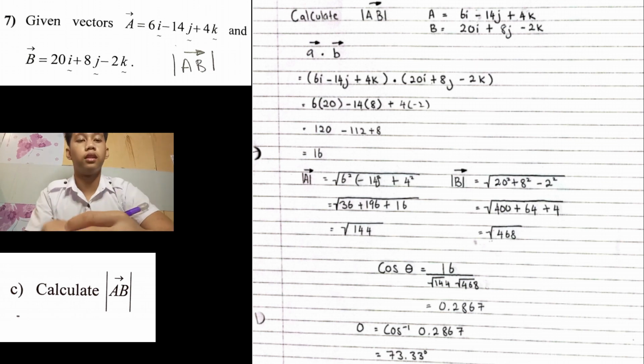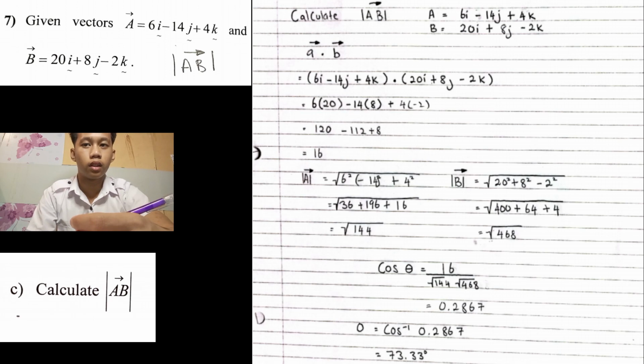Okay, first step is A dot B. Okay, for bracket 6i minus 14j plus 4k bracket dot bracket 20i plus 8j minus 2k.